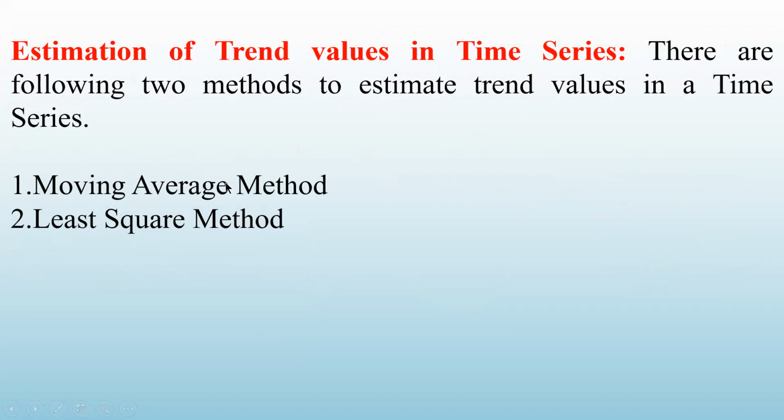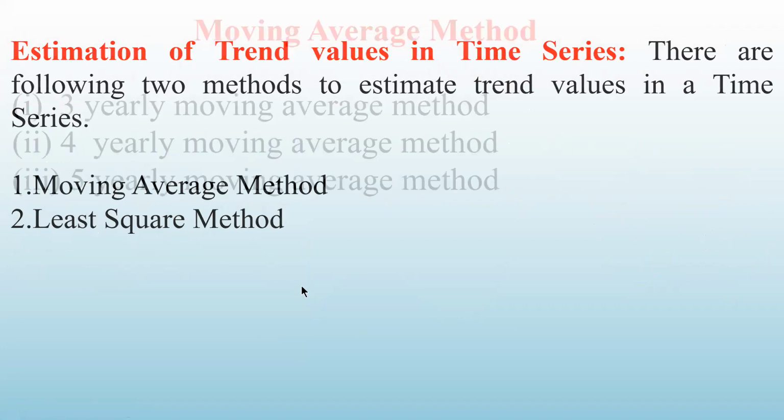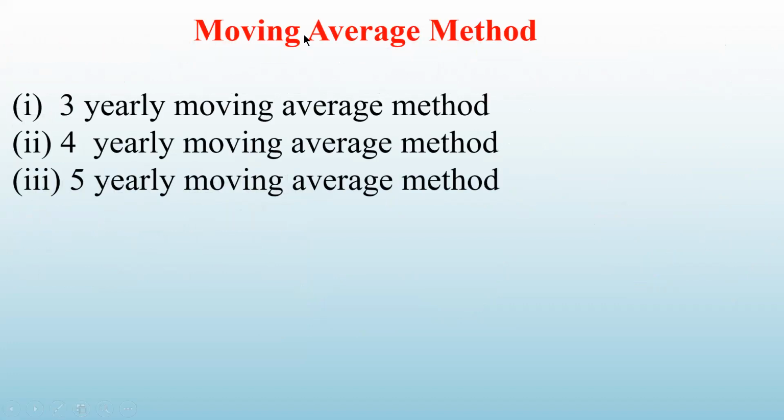First one is called the moving average method and the second one is the least square method. Today we are going to study the moving average method. In the moving average method there are three types: 3-yearly, 4-yearly, and 5-yearly moving average method.